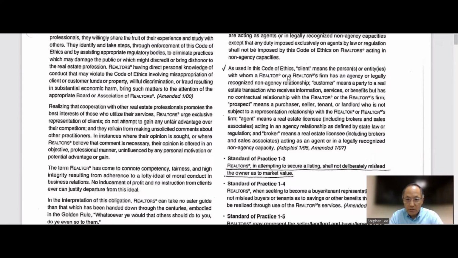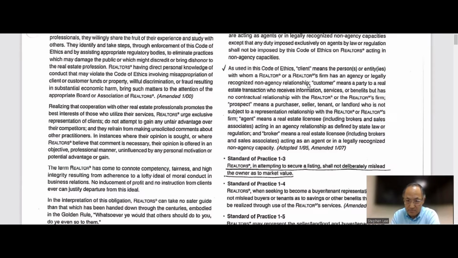As used in this Code of Ethics, now we're talking about definitions of client and customer, and agent and broker, etc. Client means the person or entity with whom a realtor or realtor's firm has an agency or legally recognized non-agency relationship.